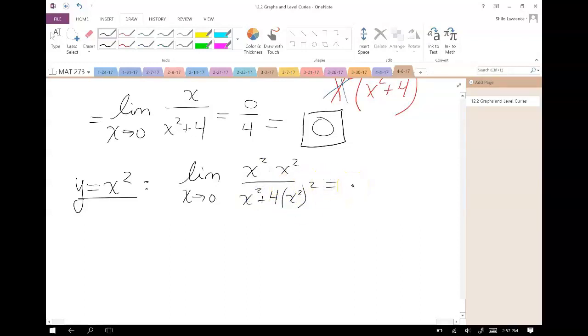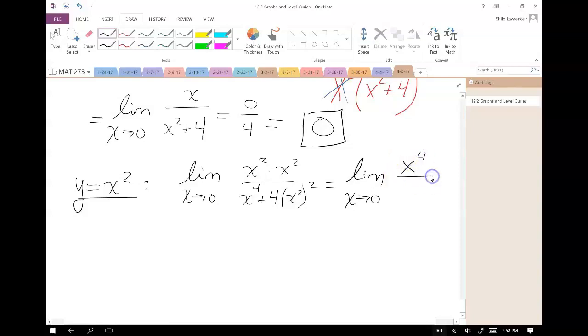So in the top we have x squared times x squared. In the bottom we have, oops, I made a mistake. In the bottom we have x to the 4th plus 4 times x squared, squared. So all I've done is I've replaced my y's with x squareds.